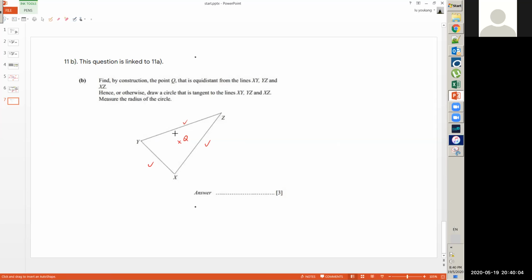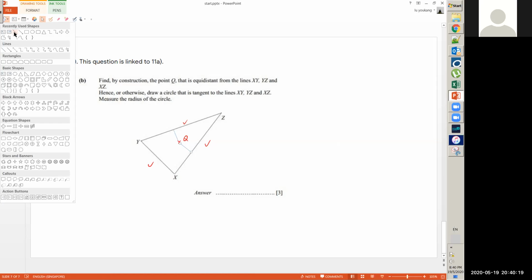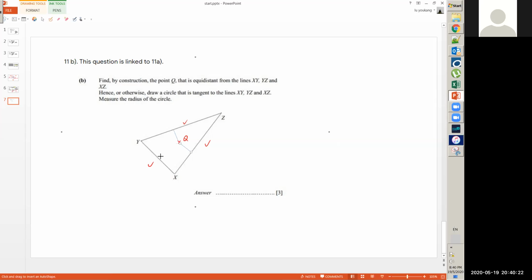Let's say this line to here, and this line to here, and then this line to here. By the way, this point is not equidistant, very clear to us, because clearly these three lines are not the same. So it's not equidistant. That means the point should be somewhere lower.